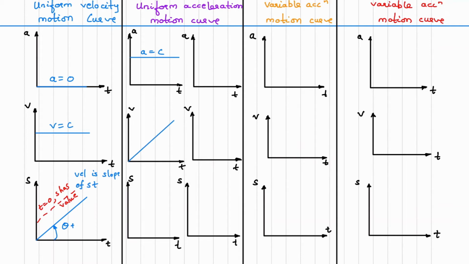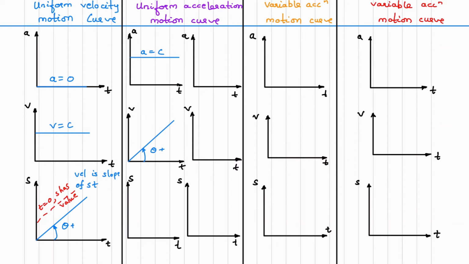Now since acceleration is positive, slope is positive. So this will be positive. So this is theta and positive. Acceleration is positive, that is why slope is positive. Now next, ST diagram. Slope of the ST diagram is equal to velocity.